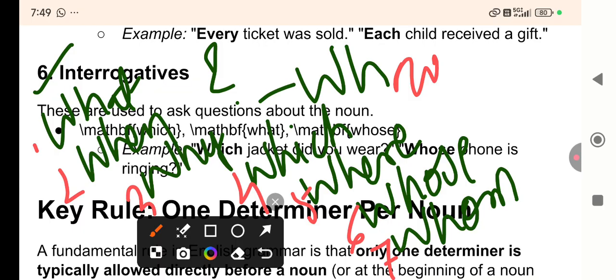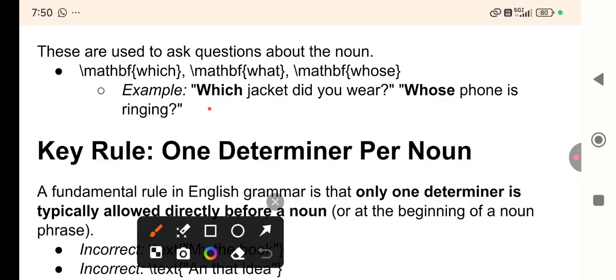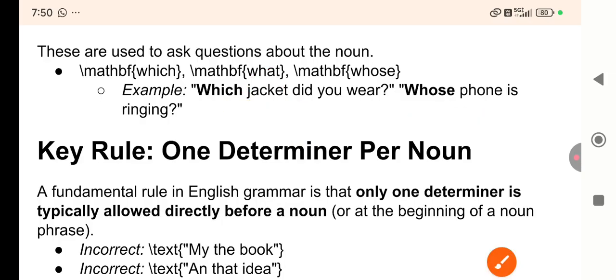Right now I'm not getting it, but 9 WH words. All are interrogative. Why? Which jacket? So that's a jacket. Jacket is a noun. So which is a determiner. Whose phone, whose is a determiner. What color? Right?